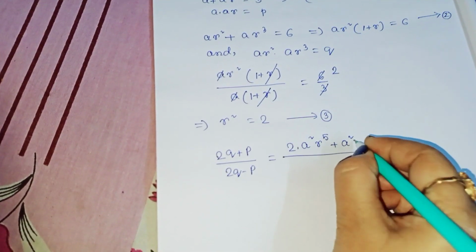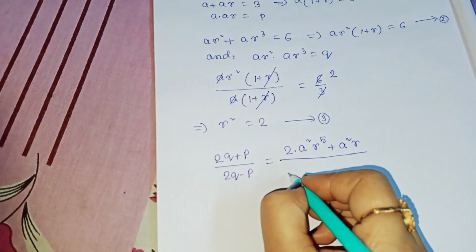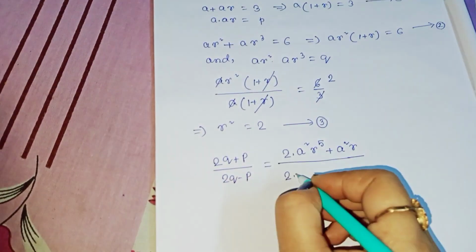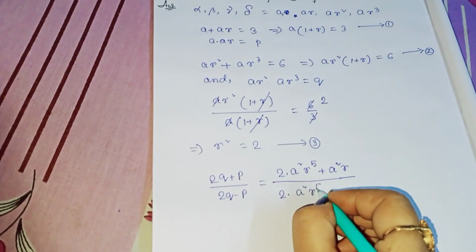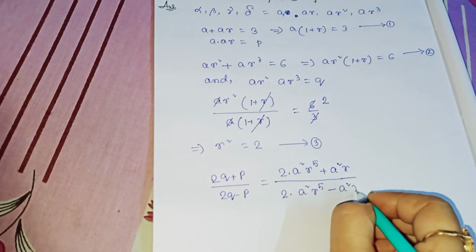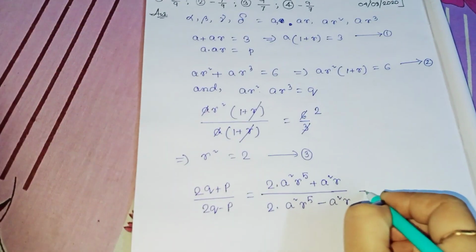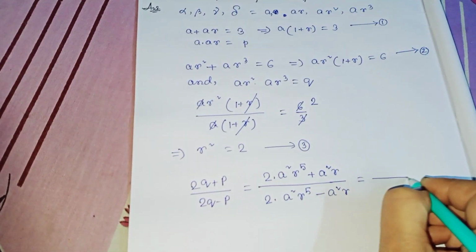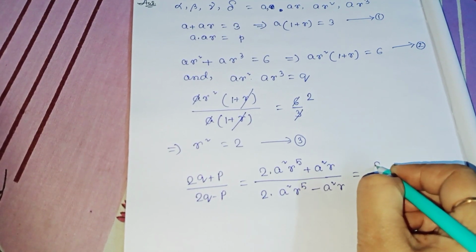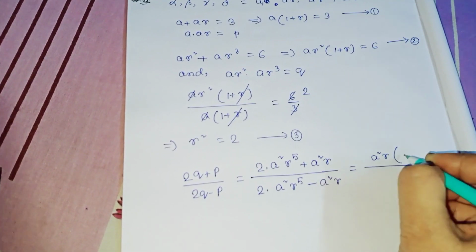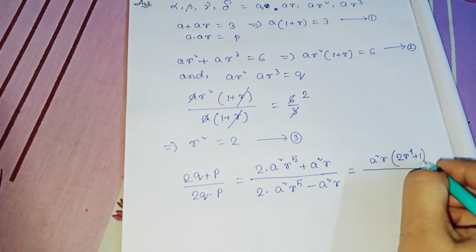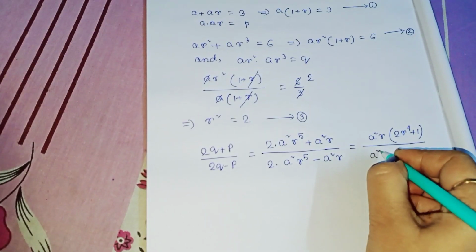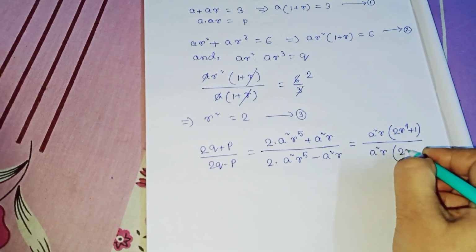So it is 2 into a square r to the power 5 plus a square r, divided by 2 into a square r to the power 5 minus a square r. So a square r is common here: 2 into (r to the power 4 plus 1), divided by a square r common, 2 into (r to the power 4 minus 1).